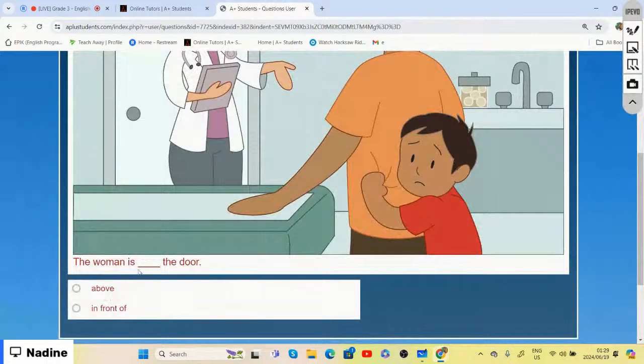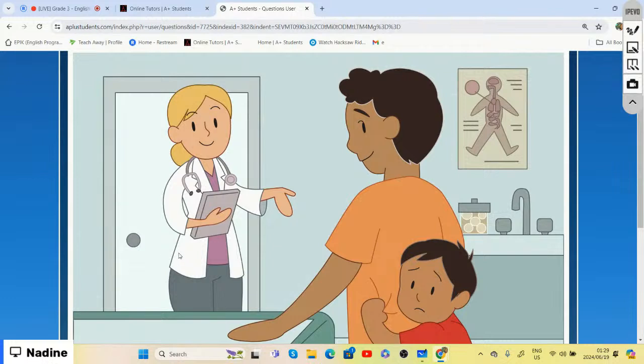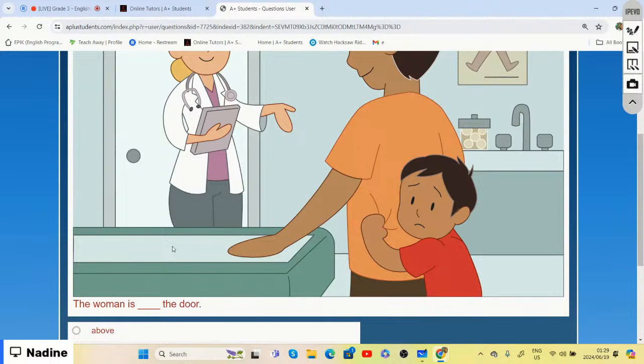The woman is the door. Is she above the door or in front of the door? Which is the correct option? All right, it says that the woman is the door.